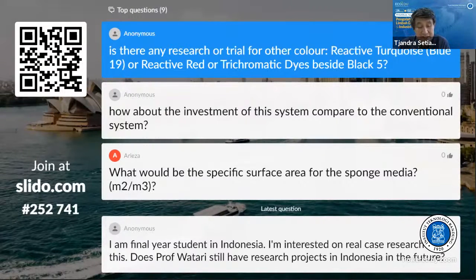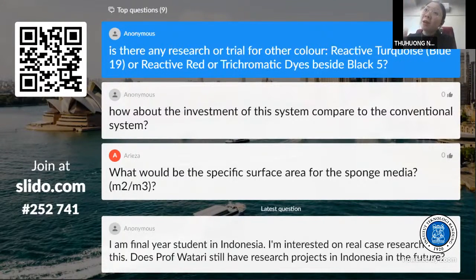So that means we need more research on using different colors, and also mixed colors, as addressed by Huong. Mixed dyes are another challenging one, as mentioned by Dr. Watari regarding research using real wastewater. Red is basically one of the most difficult to degrade. Yes, and I think it depends on which kind of dye.